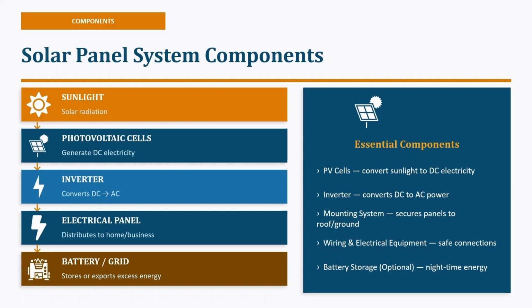Then you need an inverter. An inverter too is a device. It will help you convert from the DC to the AC. Then you need an electrical panel that would distribute the AC current into your home. So this will basically include some wiring and electrical components.